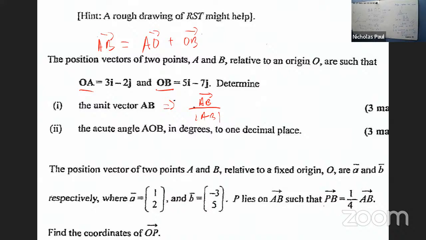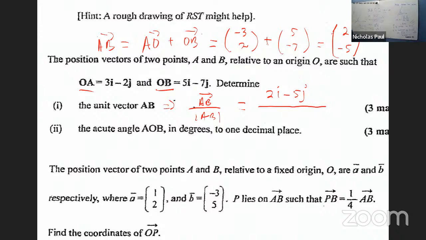Remember that? So A to O is what? -3, +2. O to B is 5, minus 7. So -3 plus 5 is 2. 2 plus minus 7 is -5. That's the answer, that's the AB. So all you have to do now to get a unit vector is divide AB, which is 2i minus 5j, by the magnitude of AB.